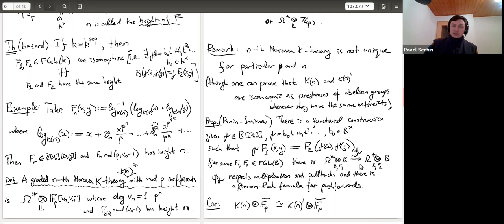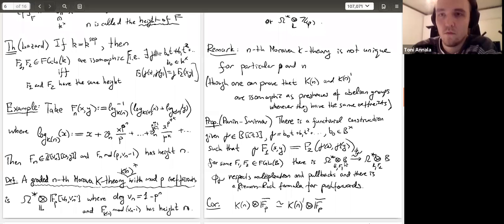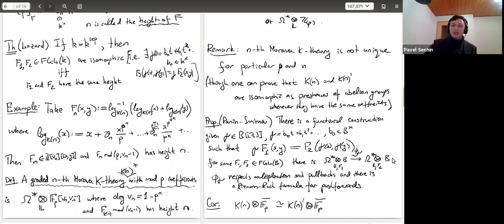And this is an isomorphism of presheaves of rings. Using the Lazard theorem, you see that if we look at two Ernst-Morava K-theories, then after base change to F_p bar or any separably closed field, you get an isomorphism of presheaves of rings.